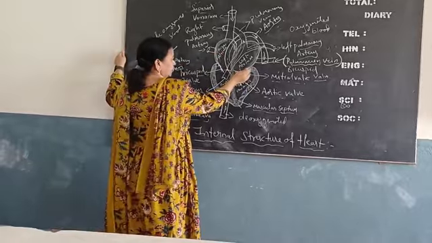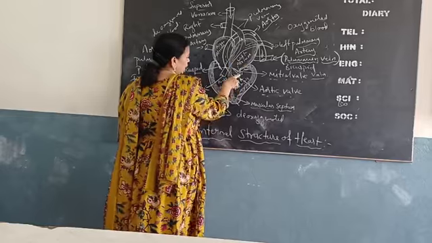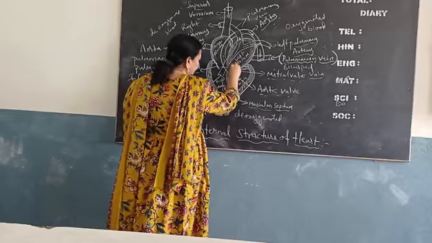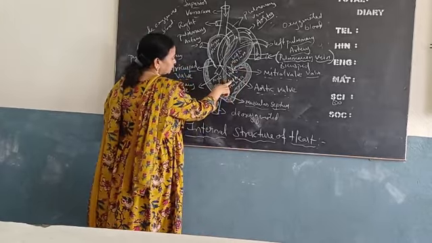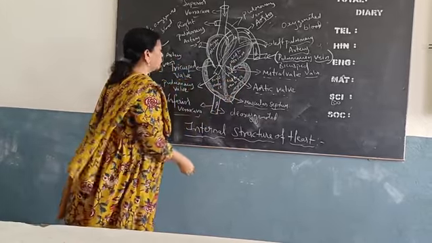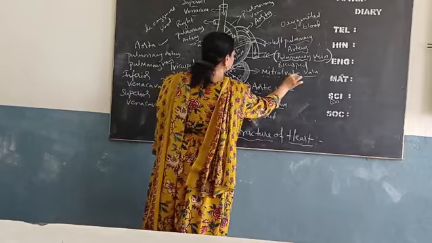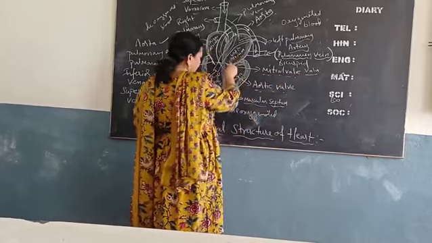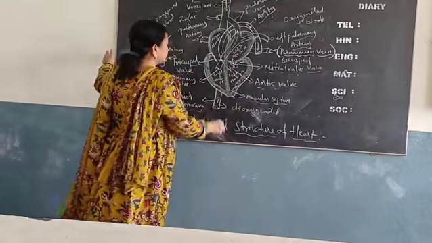What will happen here is the left atrium starts contracting, and the blood will be poured into the left ventricle. How does the blood get poured into the left ventricle? There is a regulator, a valve called the mitral valve, which regulates the flow of blood from the left atrium into the left ventricle.